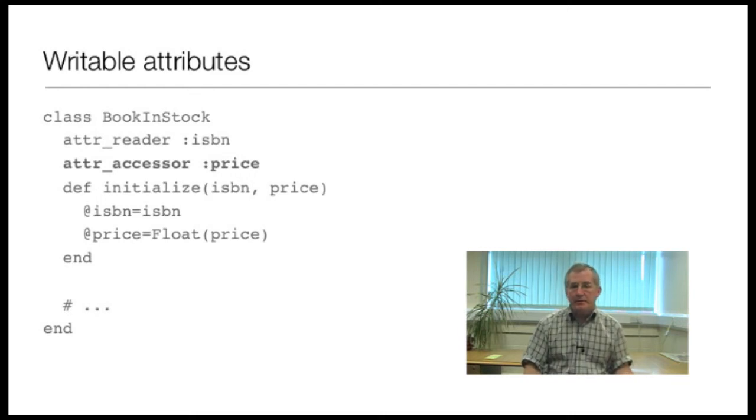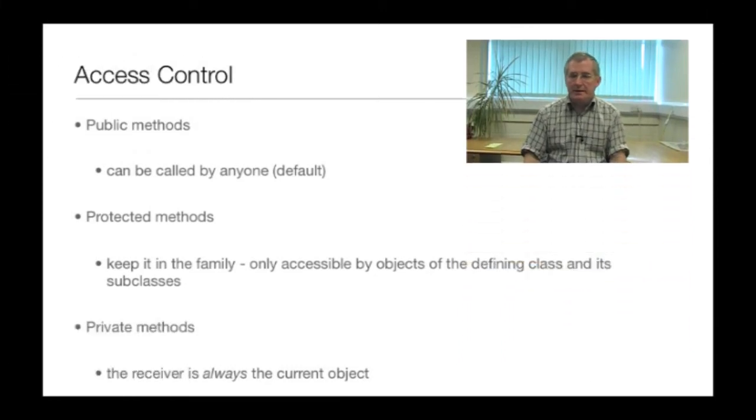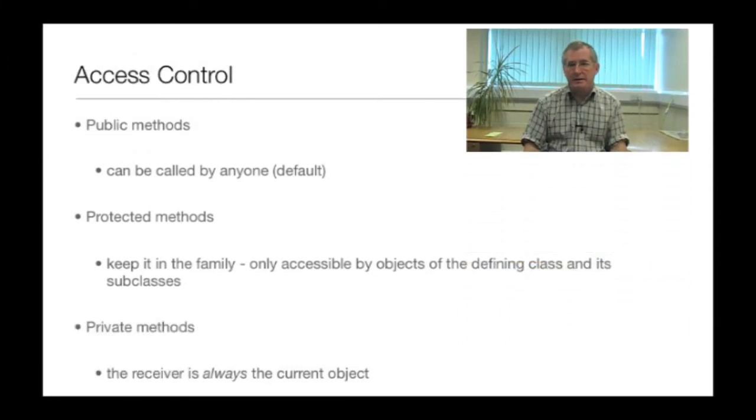Having done that, of course, what we may want to do is to control the access to those methods or to other methods. Normally your getter and setter methods are going to be publicly accessible, so this is not so relevant for that. They're implicitly by default declared as public methods.